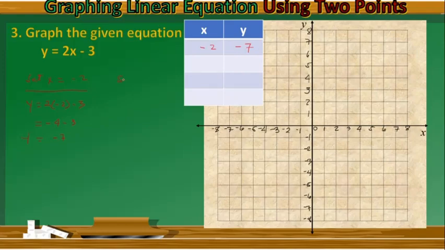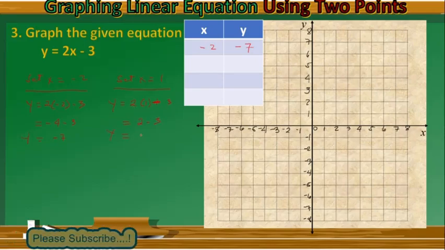Let's set x equals to 1. Okay. Y is equal to 2 times the value of x, which is 1, plus negative 3. Then, by simplification, this is 2 minus 3.